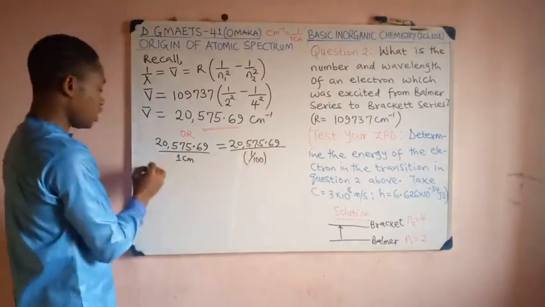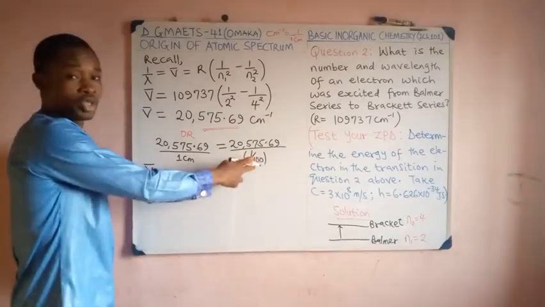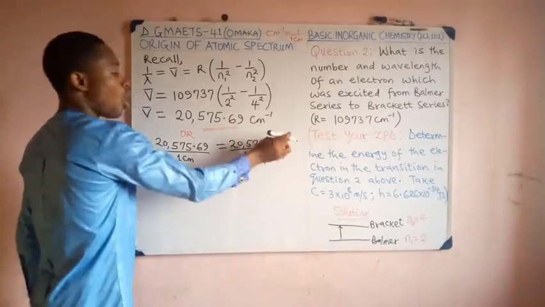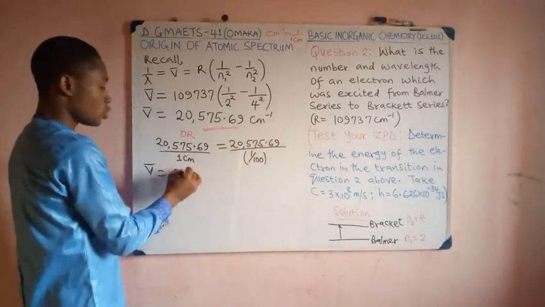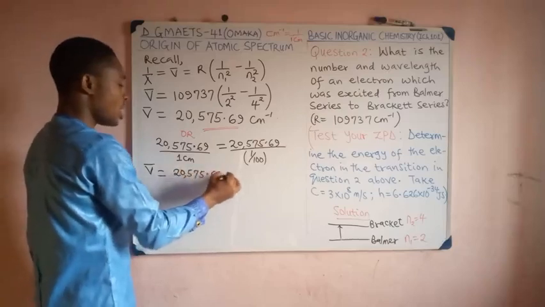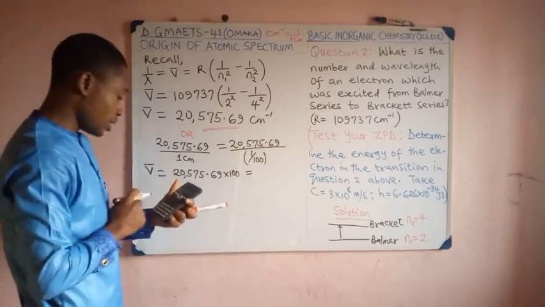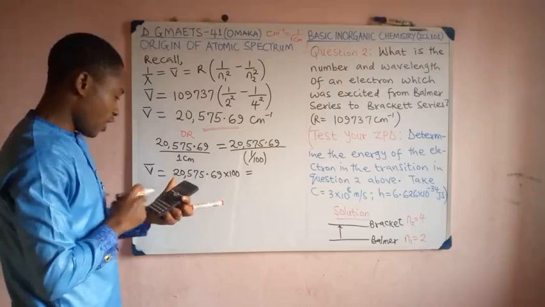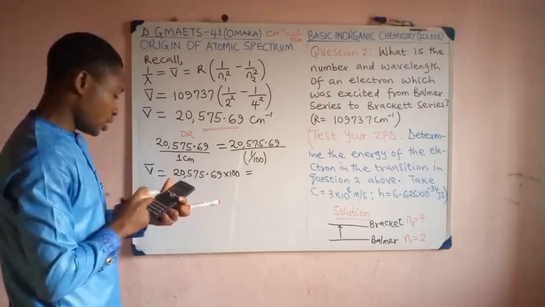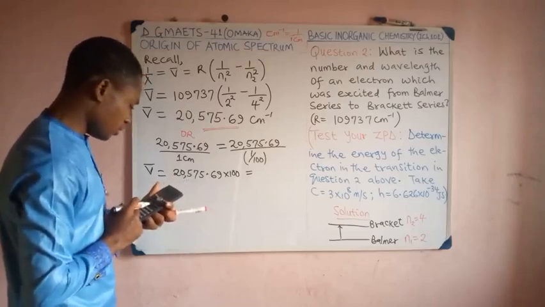Now, mathematically, that centimeter value, which is 1 over 100, this 100 will go up. If it moves up, it will become 20,575.69. I'll multiply it by 100. So times 100, let's see what it's going to be.